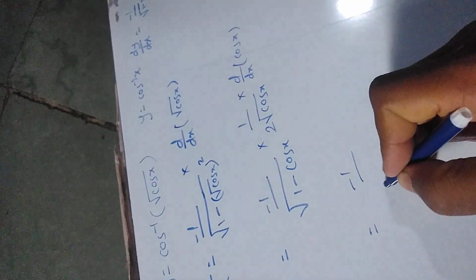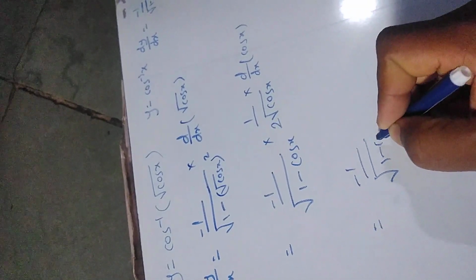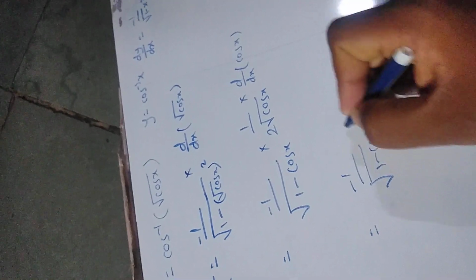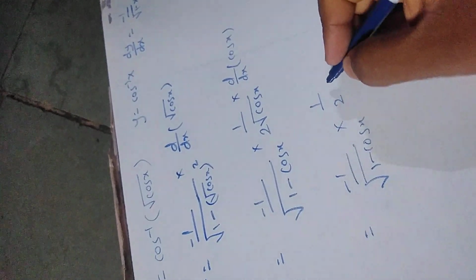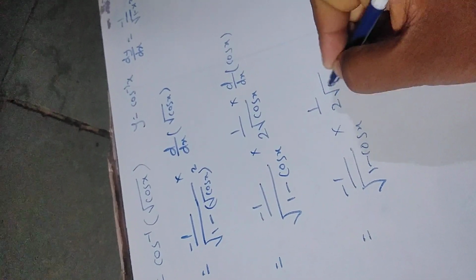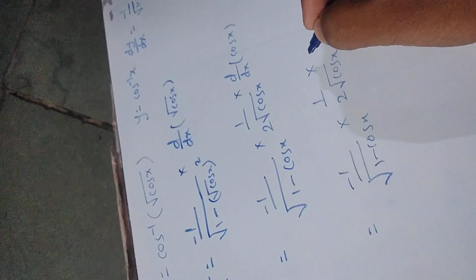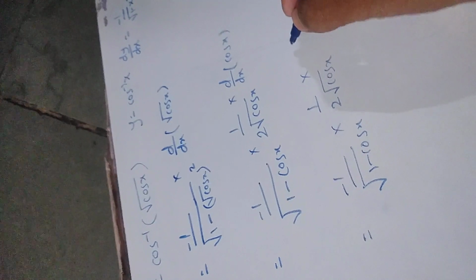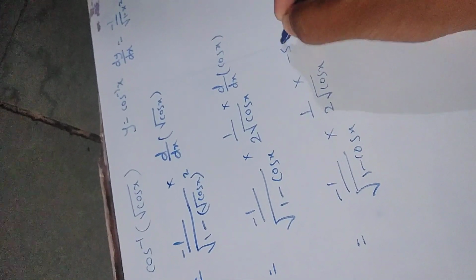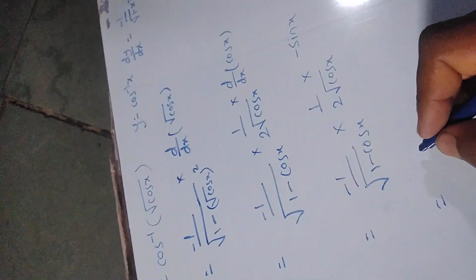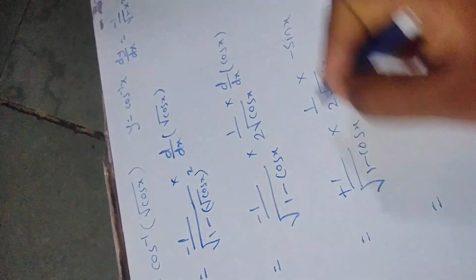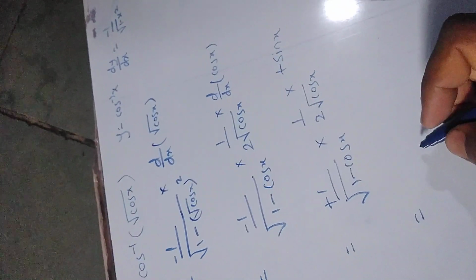So in the next step, 1 minus under root of 1 minus cos x into 1 upon 2 root of cos x into derivative of cos x will be minus sin x.